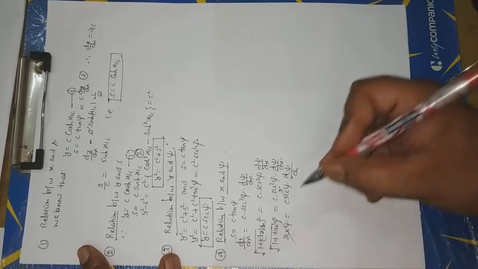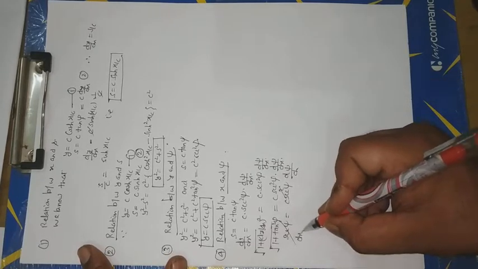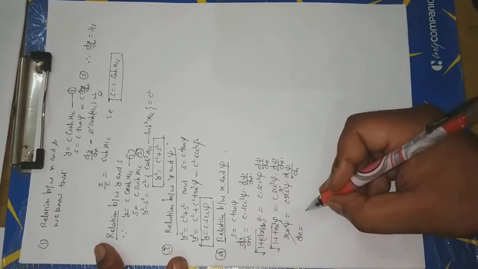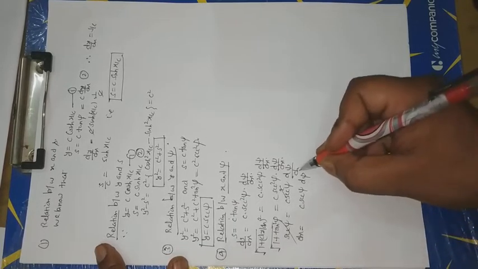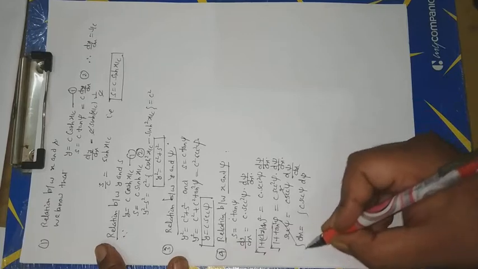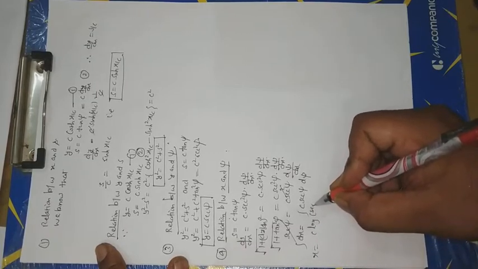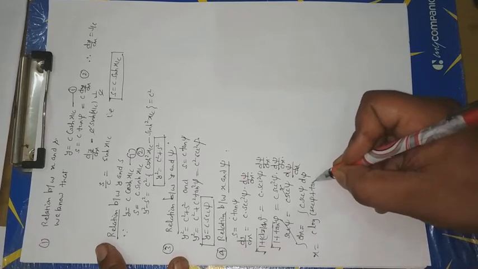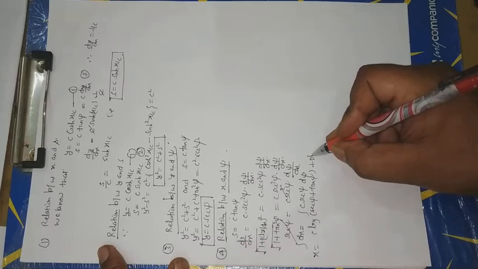Now sec psi is cancelled by this sec square psi. Now on variable separable, dx is equal to c sec psi d psi, and integrate. That is x is equal to c log(sec psi plus tan psi) plus arbitrary constant d dash.